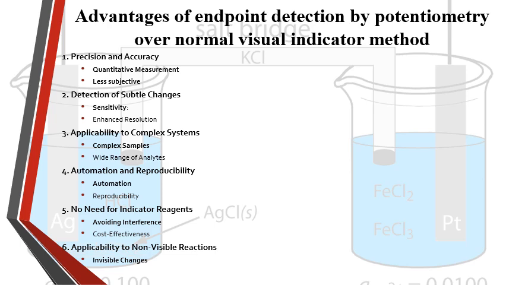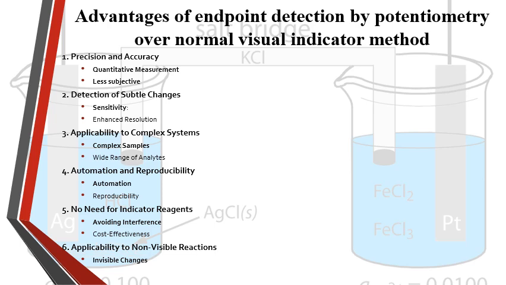Automation. Potentiometric measurements can be easily automated using electronic sensors and data acquisition systems, allowing for high throughput and consistent results without manual intervention. Automated potentiometric systems provide reproducible results, minimizing human error and variability in the endpoint detection.